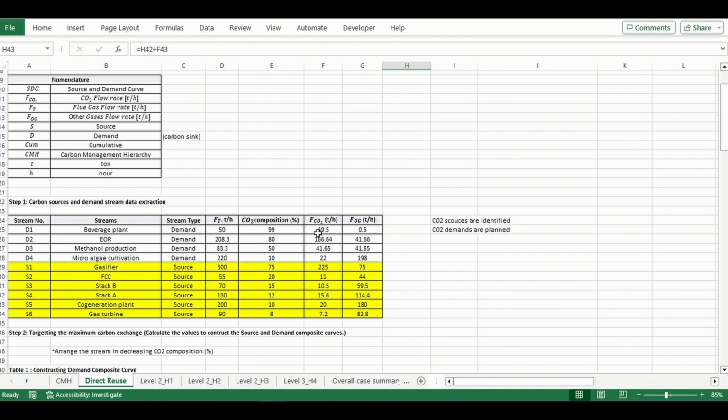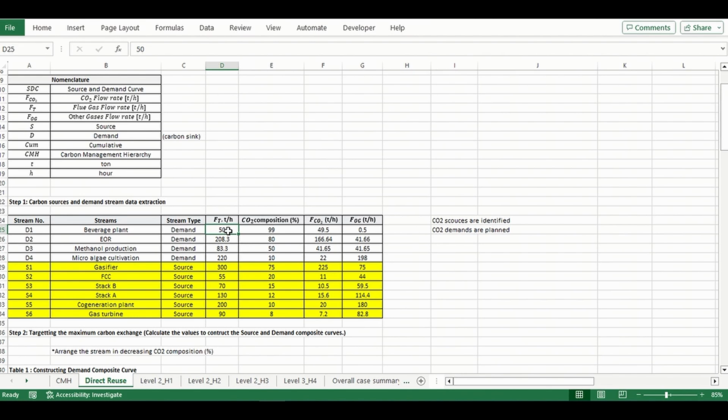For the CO2 flow rate, we simply multiply the total flow rate by the CO2 composition for each demand and source stream. For the flow rate of other gases, there are two ways to do it: either multiply the total flow rate by the remaining composition, which is the composition of the other gases, or subtract the flow rate of CO2 from the total flow rate.